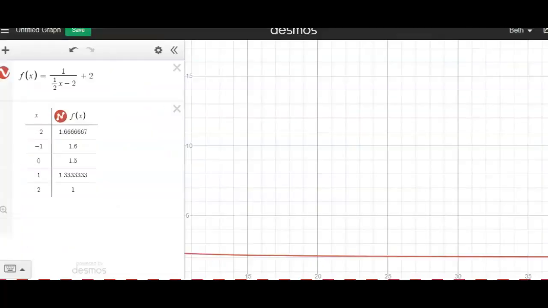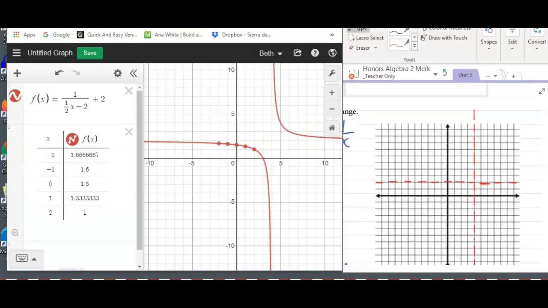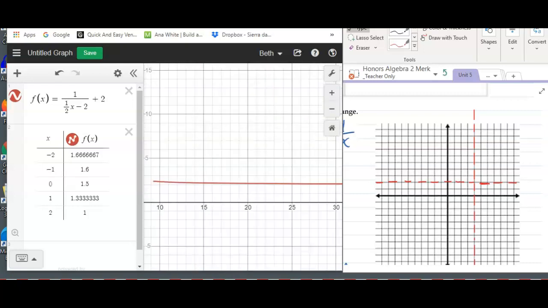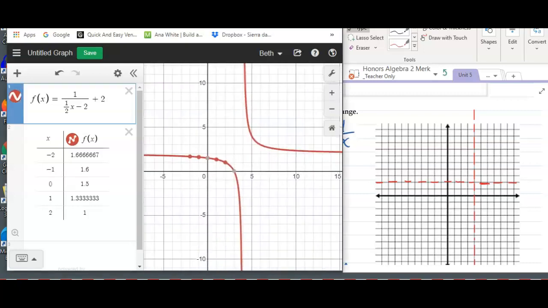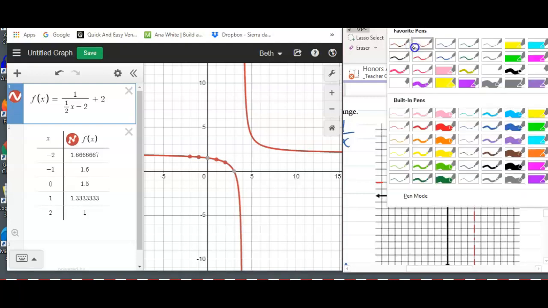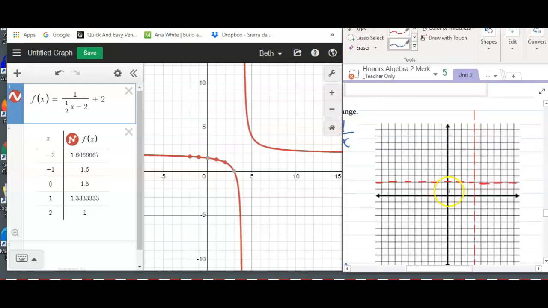Let's see if we can minimize and fit both of them on the screen at the same time. Okay, so looking at my table, I have the point 0, 1.5. I like that point a lot, so on my graph I'm going to include that point. 0, 1.5 would be this point.